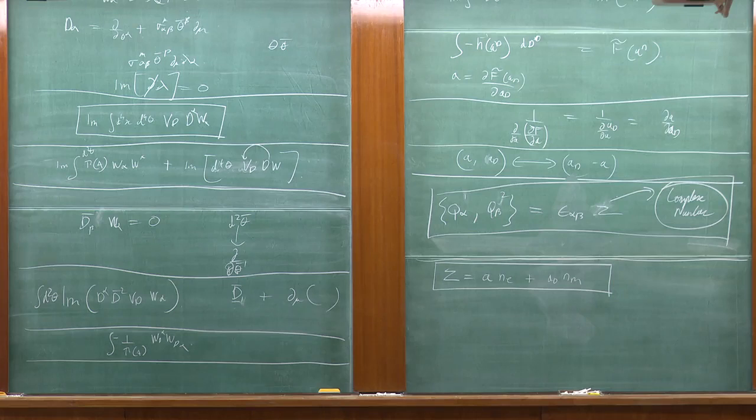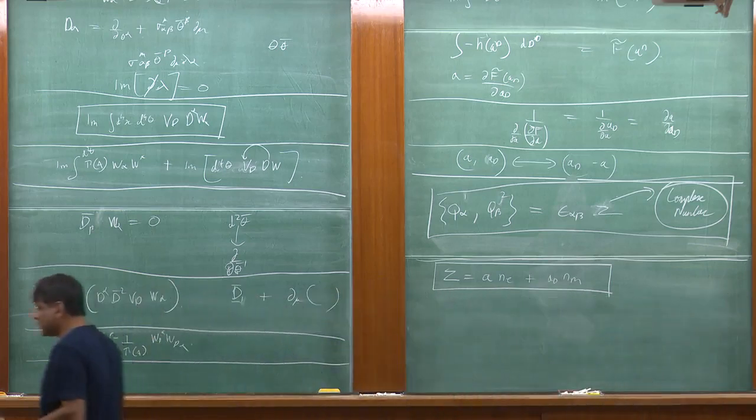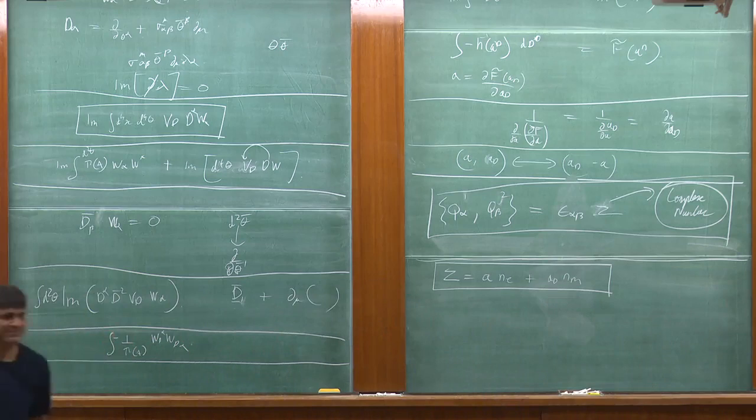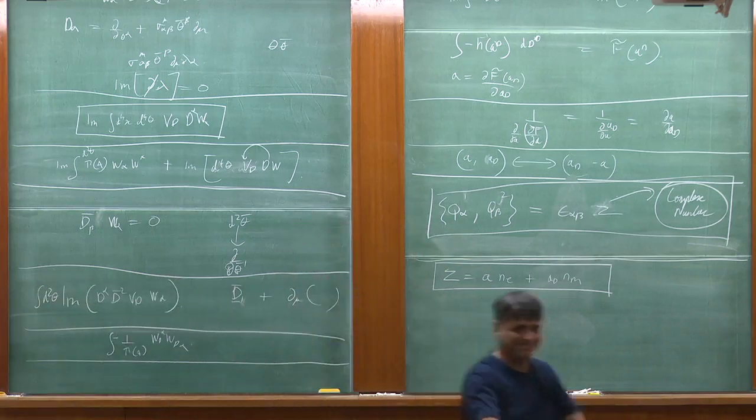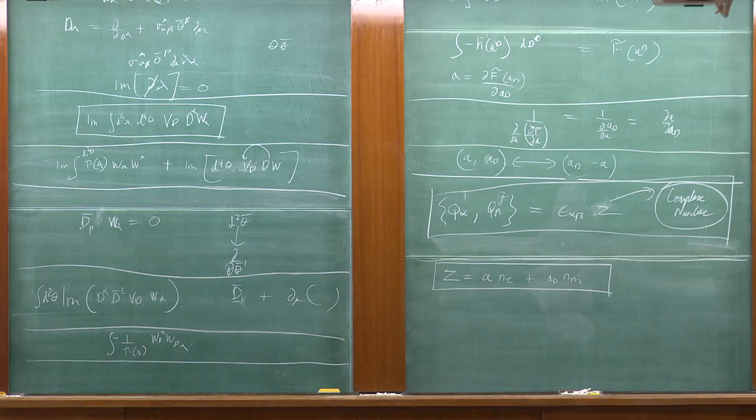A and AD were the fields, exactly, but this is the constant value of the field at infinity, because it comes from that. So it's the expectation value in the vacuum. Okay? For the charge corresponding.